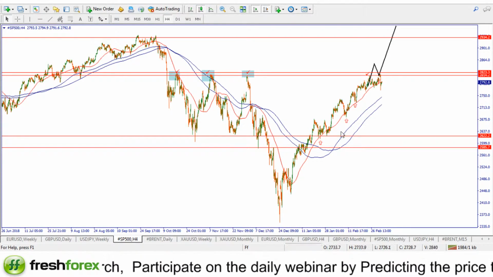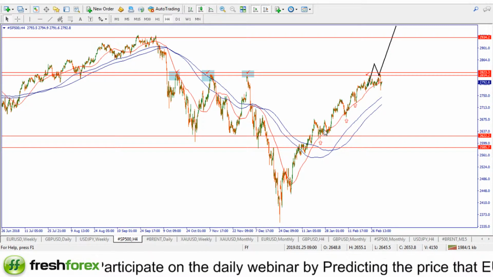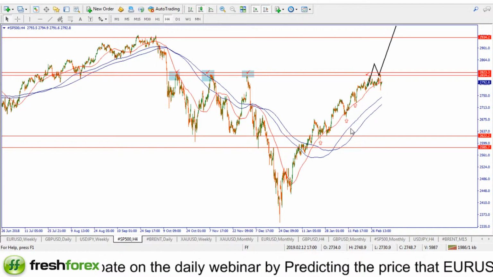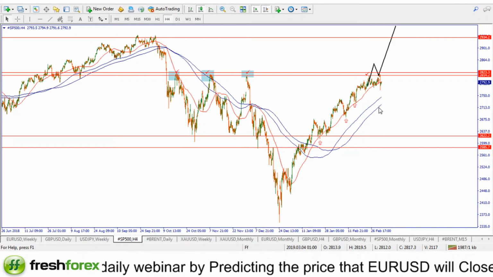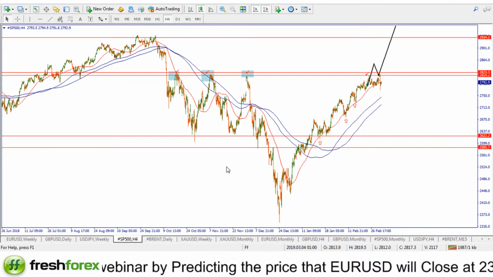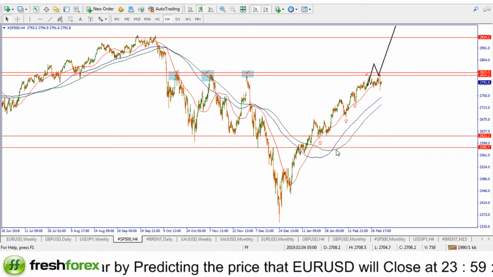So I've added 3 indicators on this chart. I've added the slow moving average. This is 52. Then the next one, this one is 152, and the last one, which let me make a different appearance. The last one is 200. This is the slowest moving average.